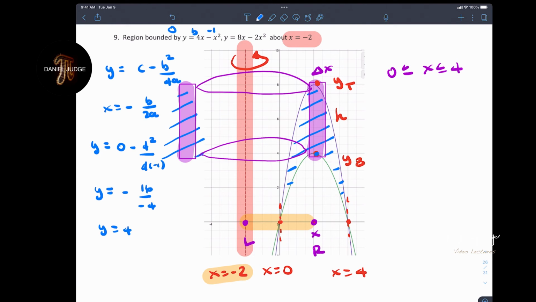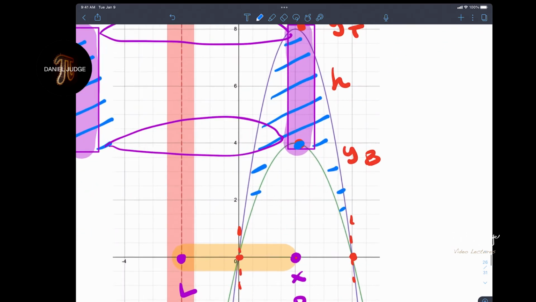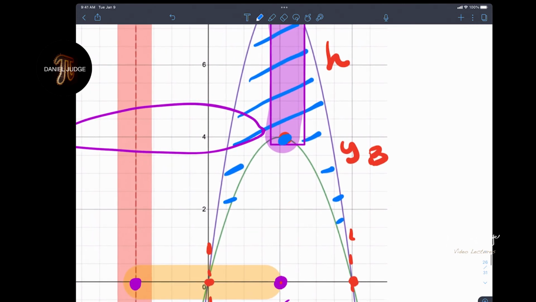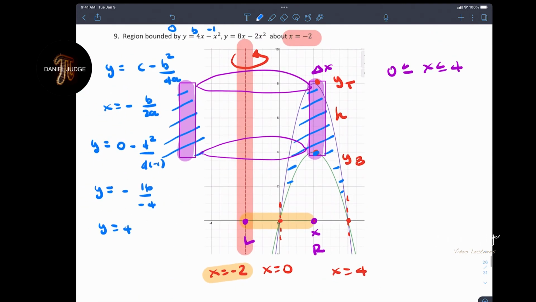And that's where the y coordinate of the vertex would be, at +4. So that first equation is the green parabola, and that happens to be on the bottom down here. So that implies that the second curve in purple will be on top. Okay, that's helpful.